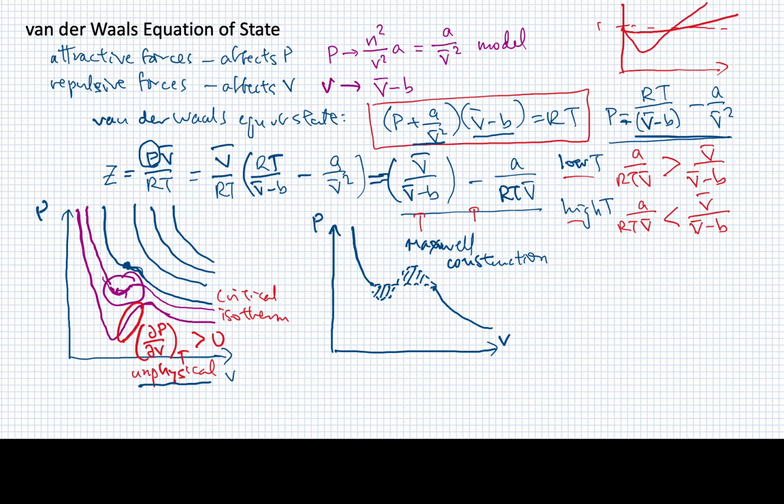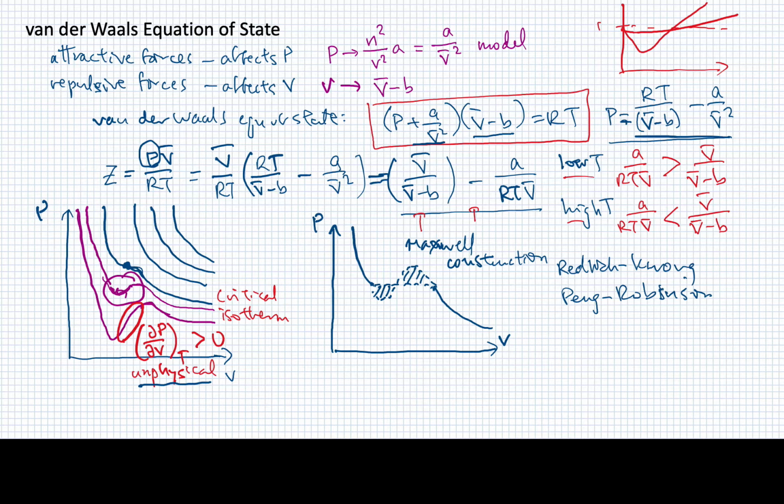Now, I should mention there are a couple of other models like the van der Waals model called the Redlich-Kwong model and the Peng-Robinson model. They have somewhat more complicated mathematical equations, so I haven't introduced them here, but they also show very similar features to the van der Waals model.